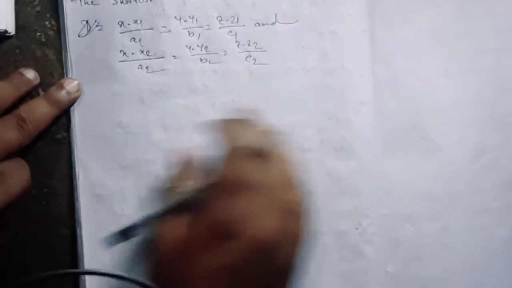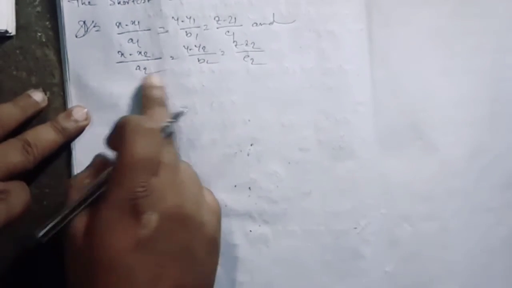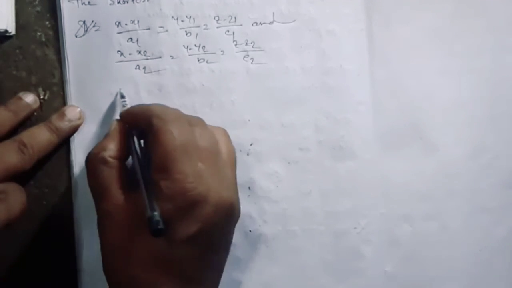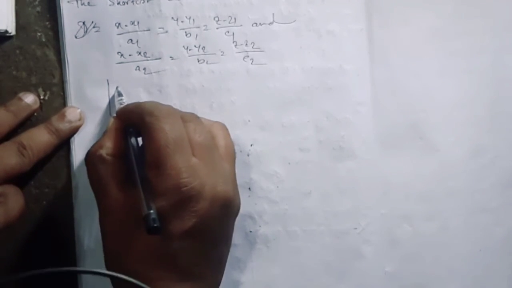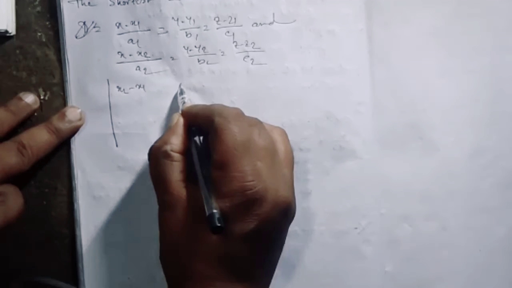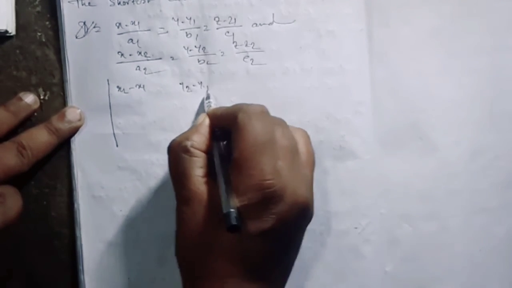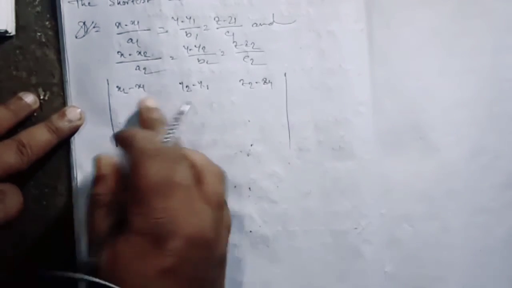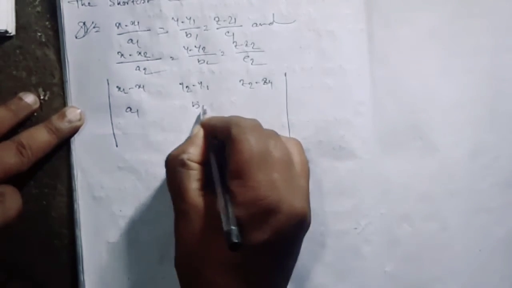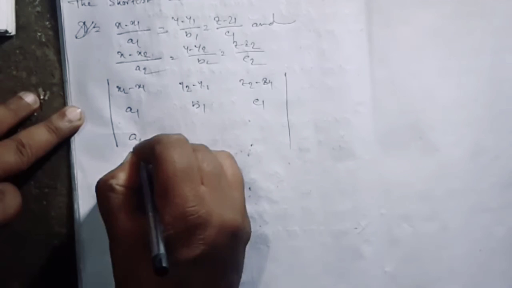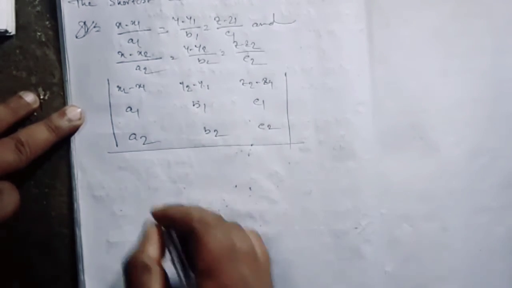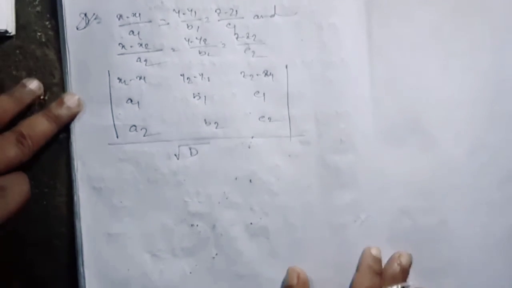So what will be the formula of the shortest distance? It is the determinant of x2 minus x1, y2 minus y1, z2 minus z1, a1 b1 c1, a2 b2 c2, divided by root over D. Now what is D?